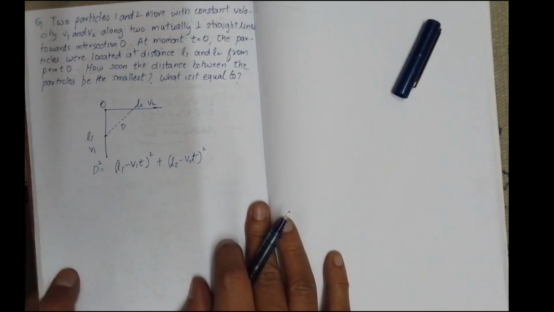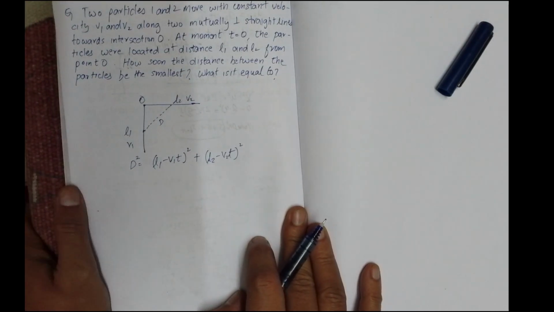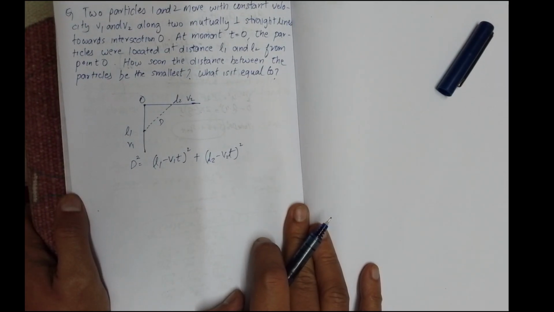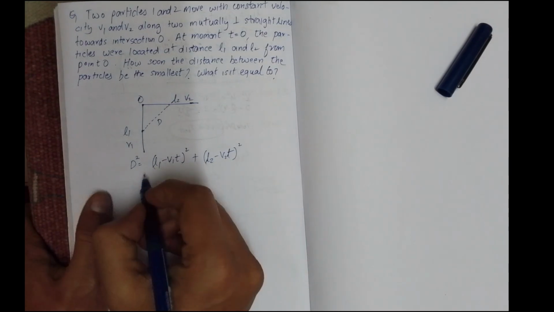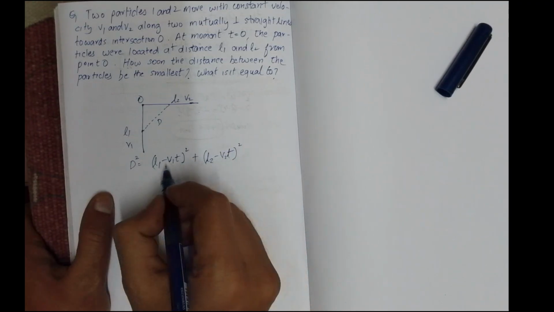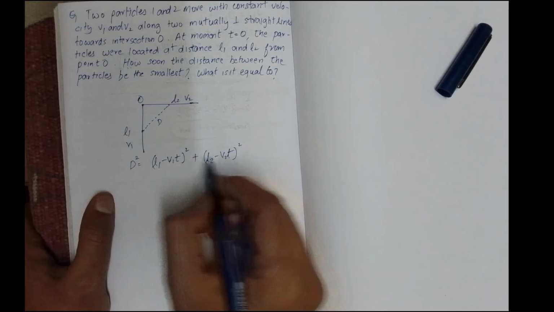Now, how soon will the distance between the particles be the smallest? So it's obvious we have to differentiate this thing with respect to t.